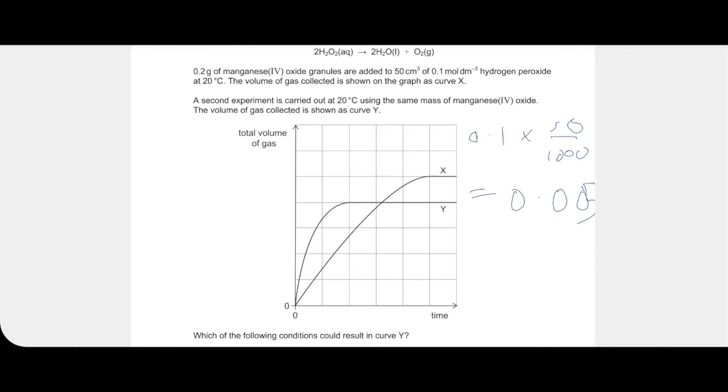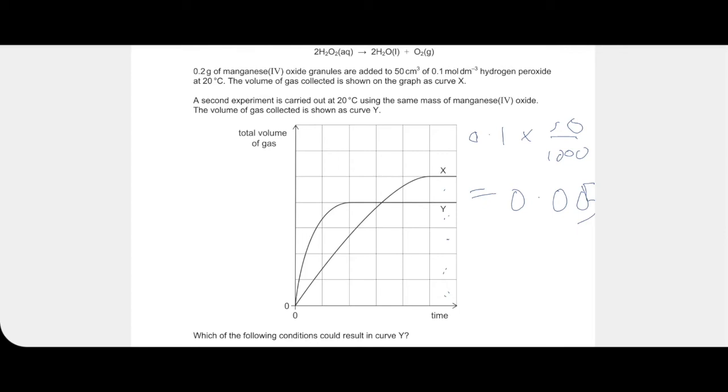Now, we know that the moles of hydrogen peroxide is equivalent to the amount of gas released in both reactions. So now I'm going to look at the graph and look at the difference between X and Y, and then make a fraction to solve the question. There are 1, 2, 3, 4, 5 blocks for X, and for Y there's 1, 2, 3, 4.